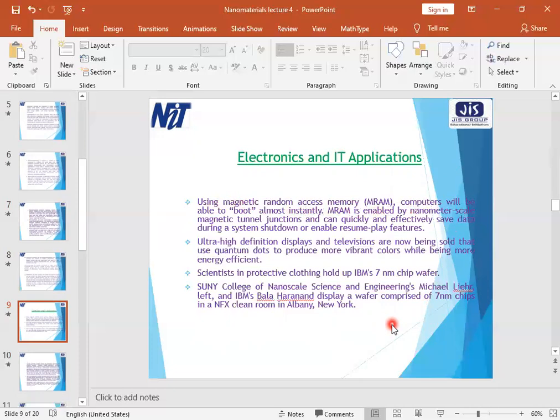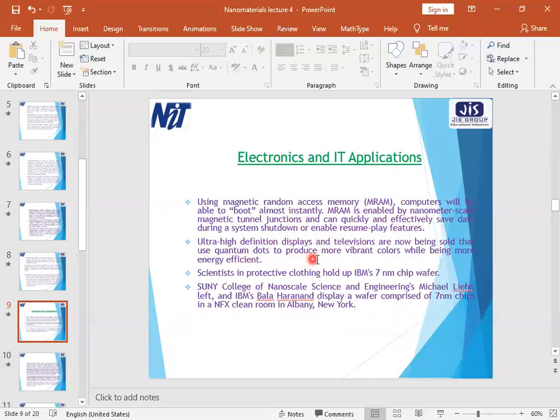But using this nanomaterial, magnetic random access memory, the computer will boot almost instantly. MRAM is enabled by a nanometer scale magnetic tunnel junction and can quickly and effectively save data during a system shutdown or enable a resume play feature.